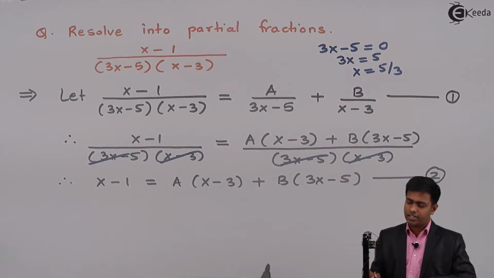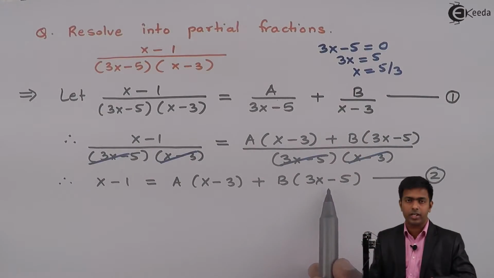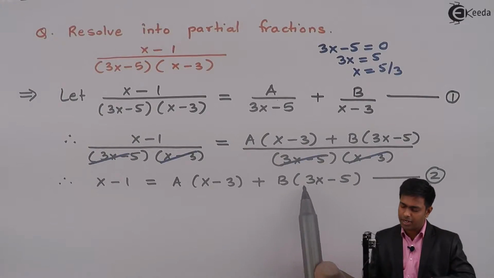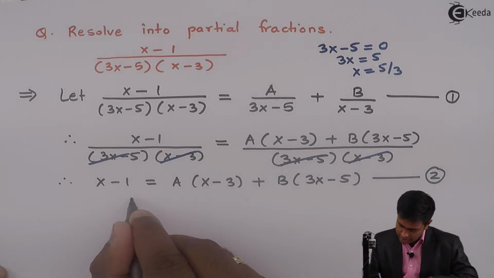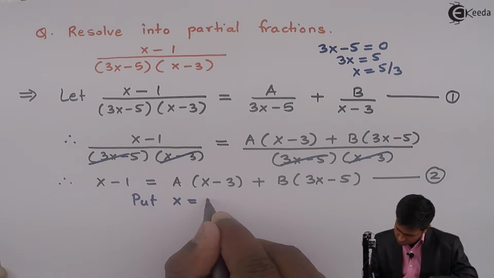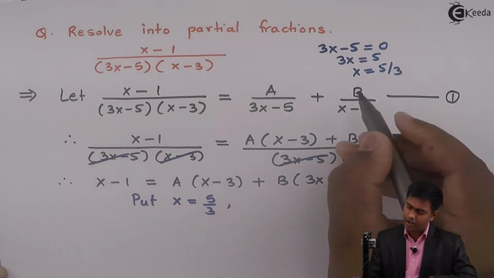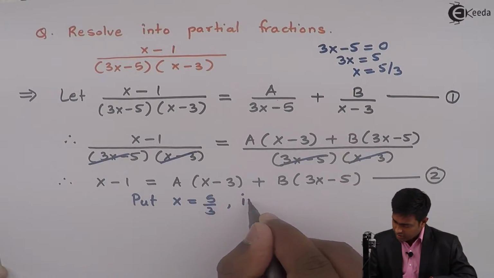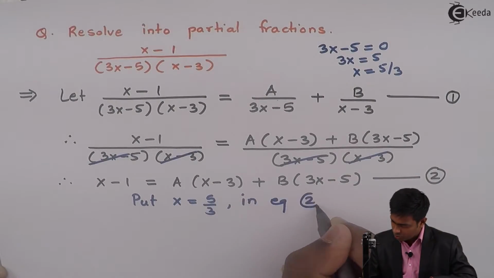It means if I substitute x as 5 upon 3 in equation number 2, then I will get the term 3x minus 5 as 0. So let's put the value. Put x equal to 5 by 3, the same value, in equation number 2.